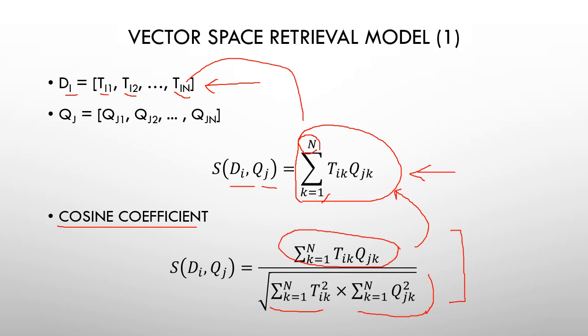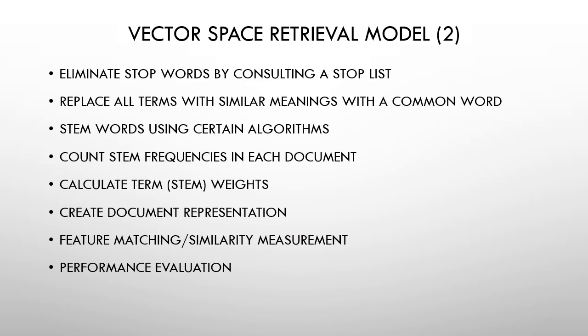Now we will give you an example after this one. So the steps that we have to do for processing documents using the vector space retrieval model are: first, we eliminate stop words by consulting a stop list. So it's the same as before.